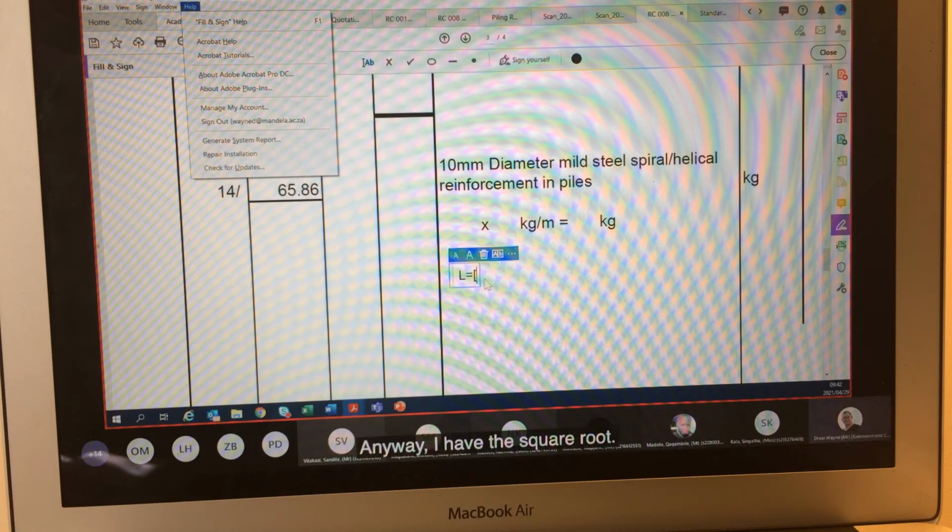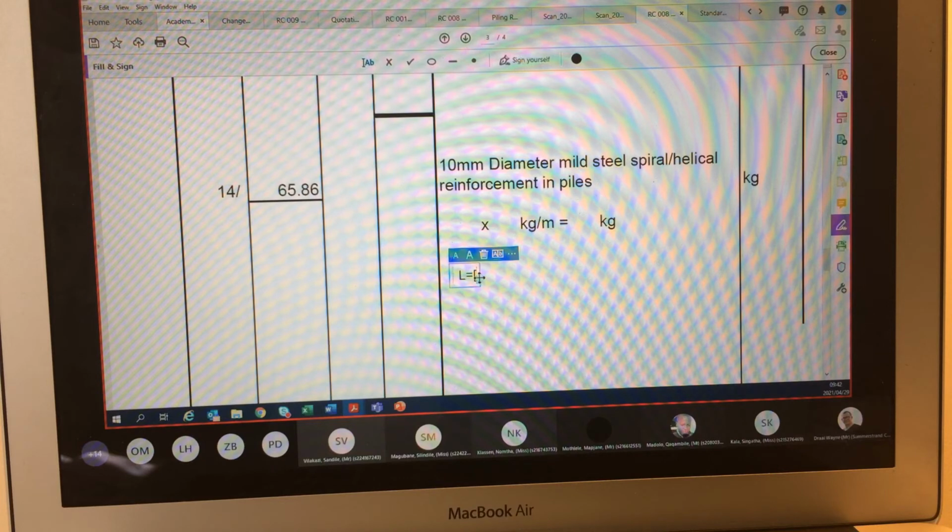Anyway, I have the square root. I'm just going to put this there. The square root of what? Of C squared. I can't do this here, man.